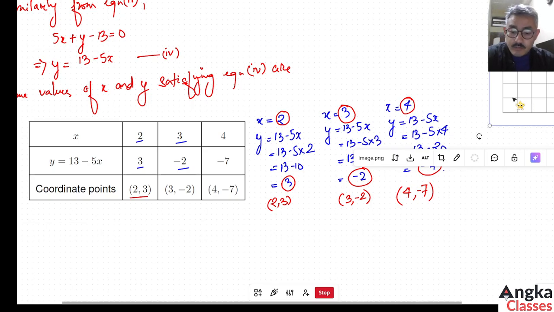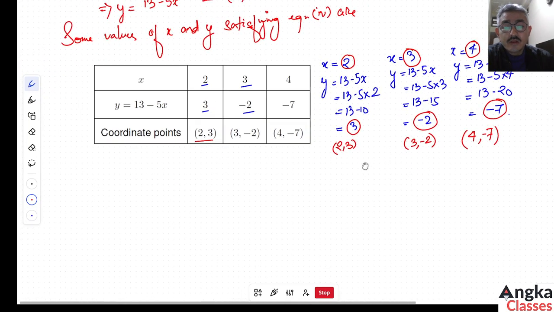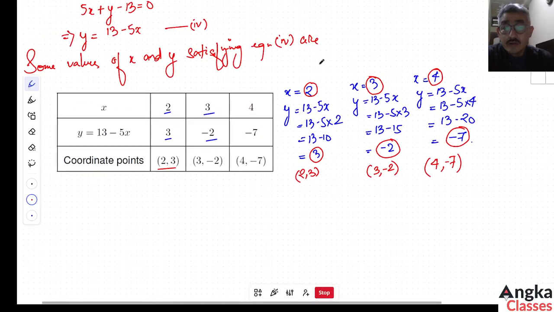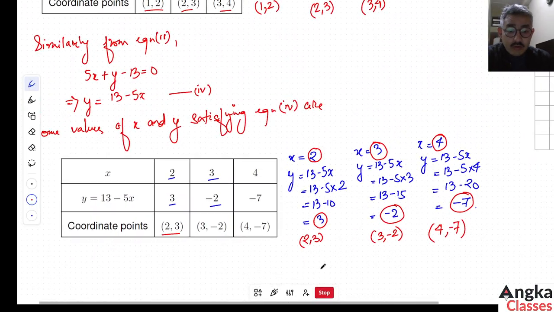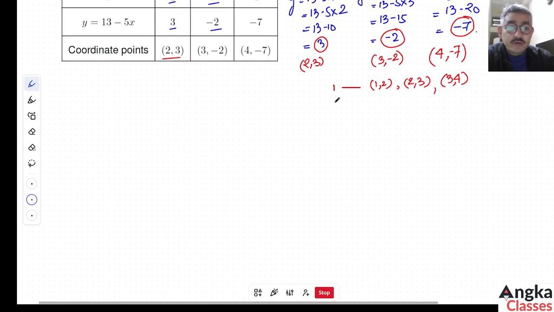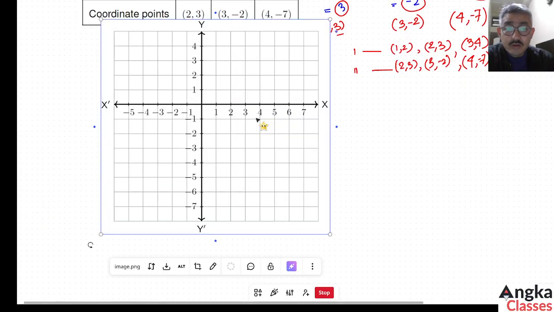Now for the two equations, we have the coordinate points: for equation 1, 1 2, 2 3, 3 4, and for equation 2, 2 3, 3 minus 2 and 4 minus 7. We plot these on a graph.